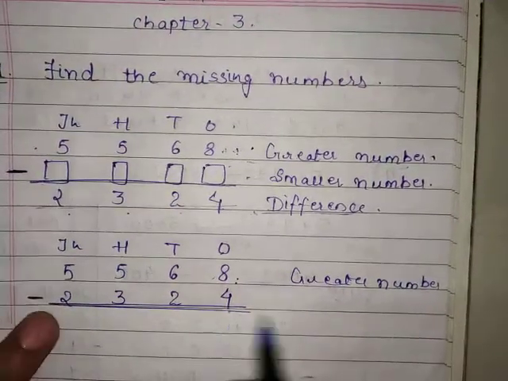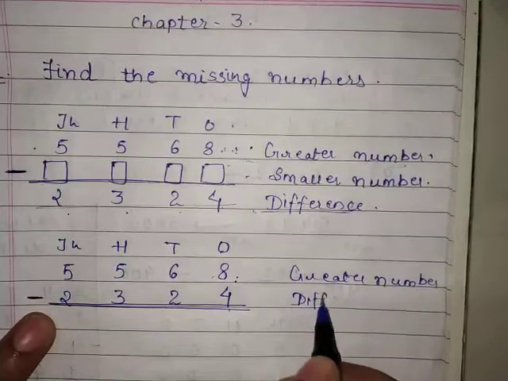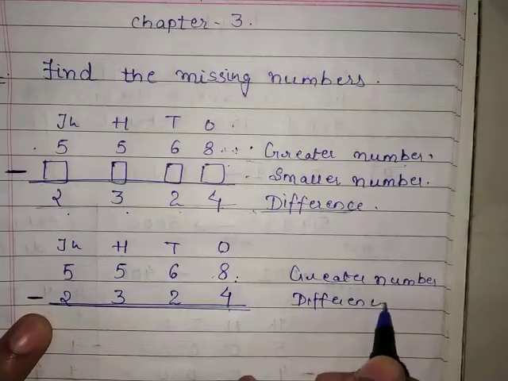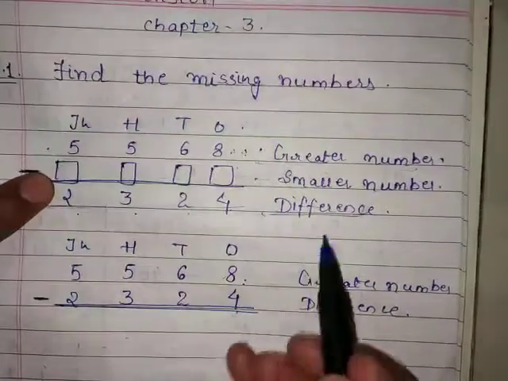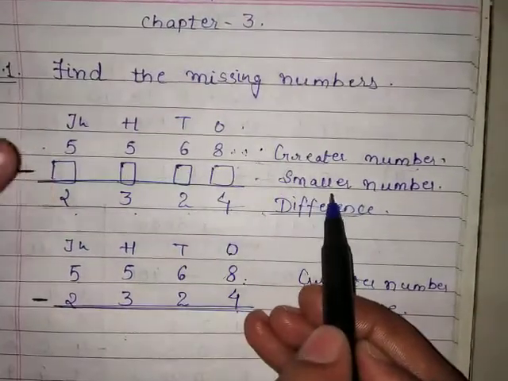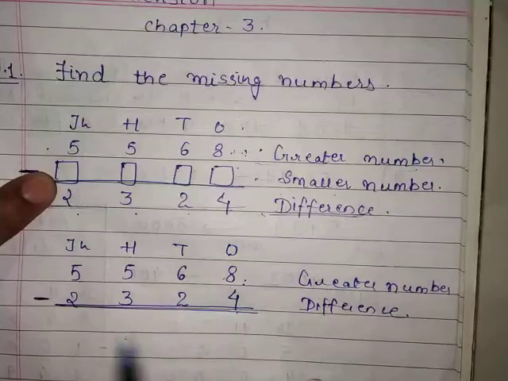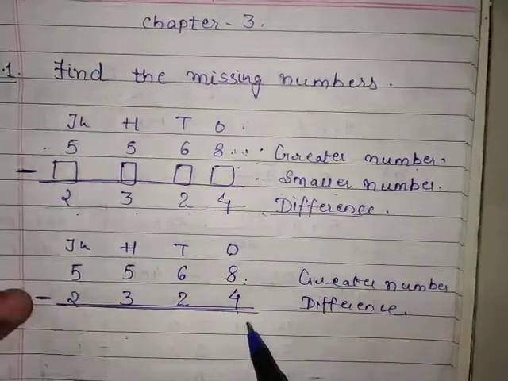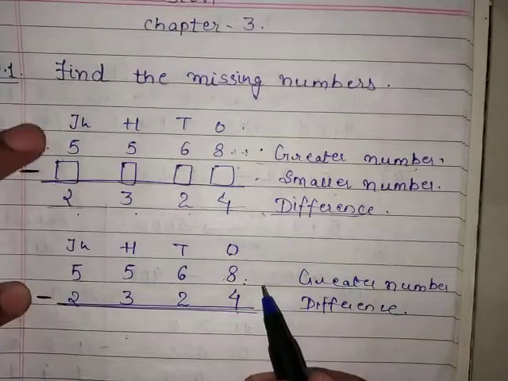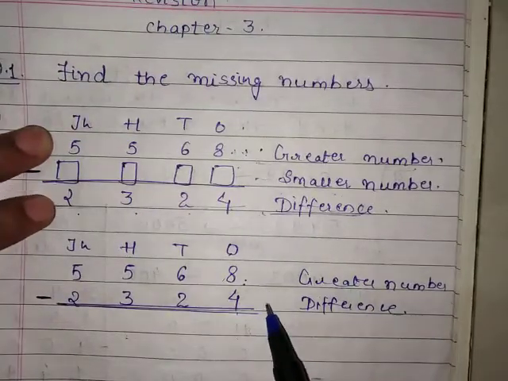And this is the difference here. Now, which number will we get here? The missing number. And which is the missing number? The smaller number is the missing number. So to get the missing number, we have to do the subtraction of greater number and difference.